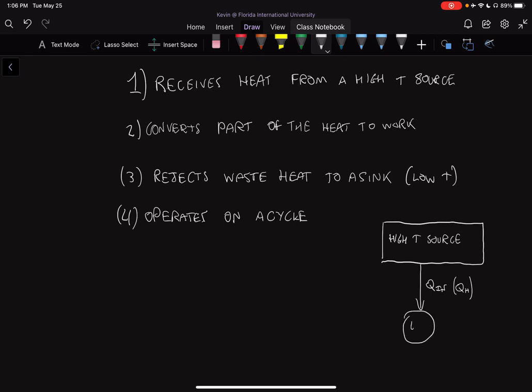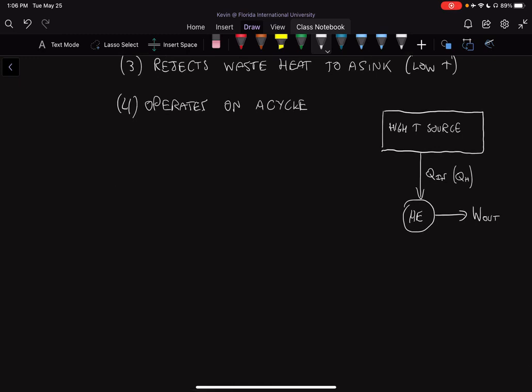And this goes into our heat engine, which we're going to look at an example of later. From our heat engine, we get some work out, okay? Some work out of the heat engine. And we also get a rejection of heat, which we're going to call Q out or QL for Q low temperature. Okay, so QH is Q high temperature, QL is Q low temperature, and here we would have our low temperature sink.